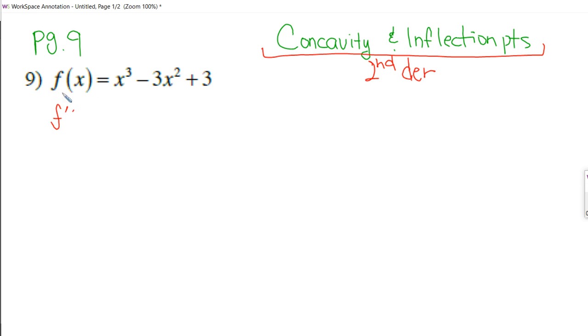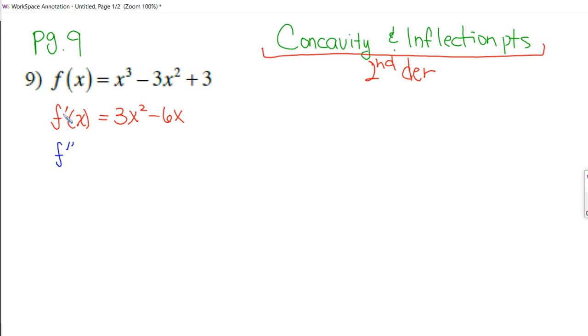So my f prime of x would be 3x squared minus 6x. Now, if we were looking at min, max, increasing, decreasing, and critical points, we would just stop here, set it equal to 0, and figure out what's happening on the number line. However, we're looking at concavity and inflection points, so we need to look at the second derivative of the function. So let's go ahead and take a look at that.